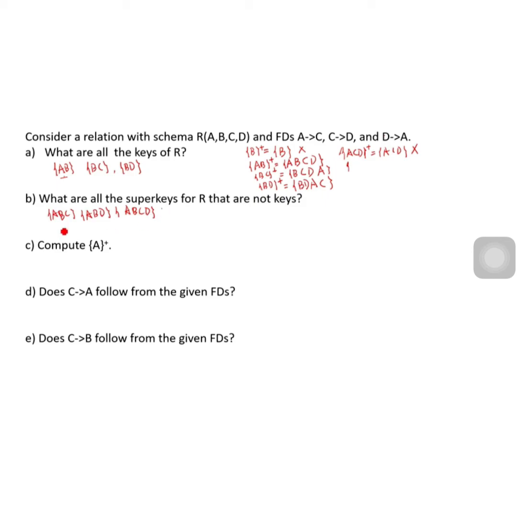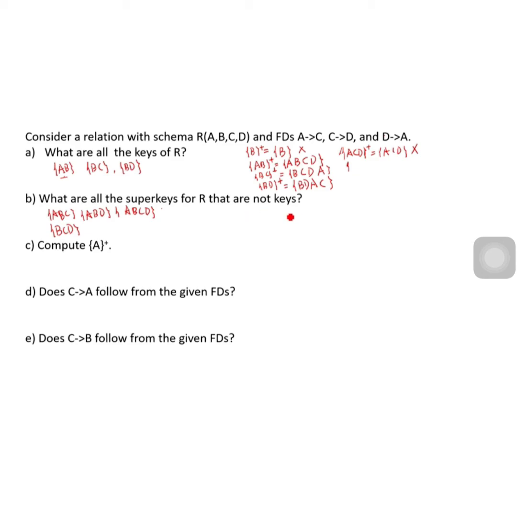Now BCD, BCD and ABCD. Okay, now the supersets of BD: ABD already here, BCD already here. Okay, they are the super keys of R that are not keys.